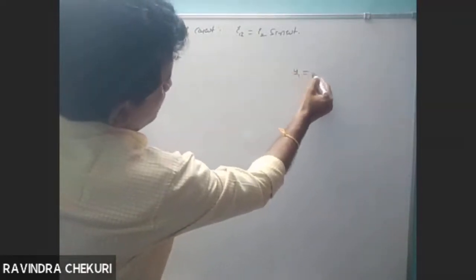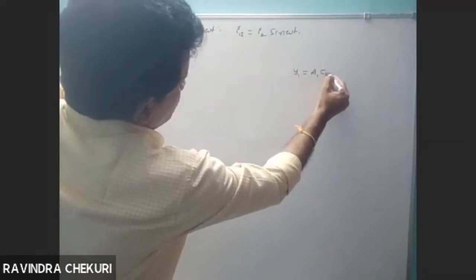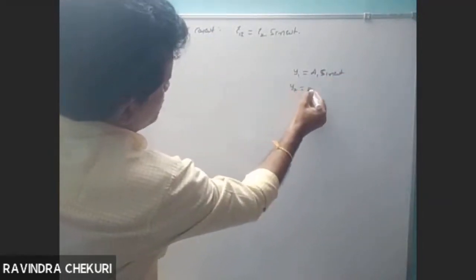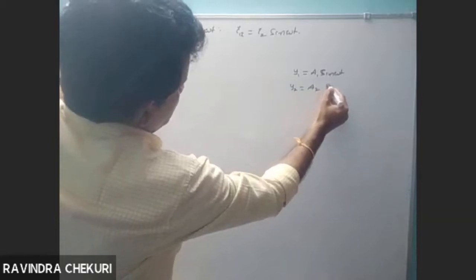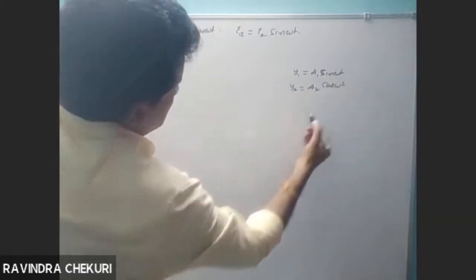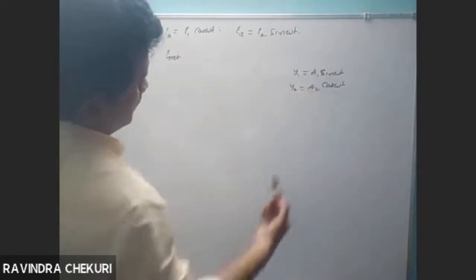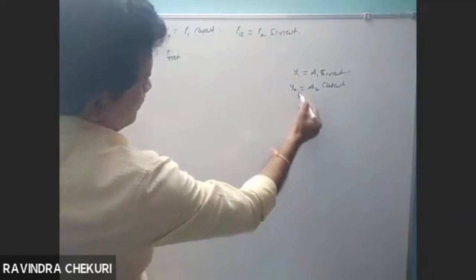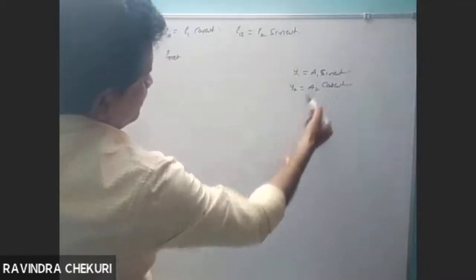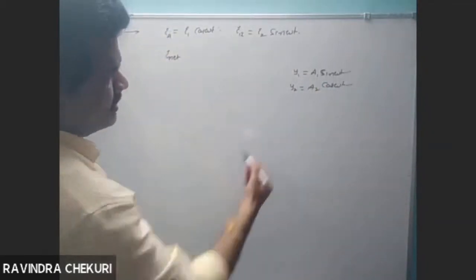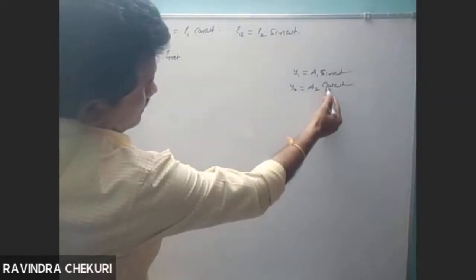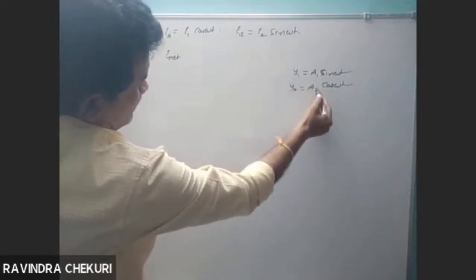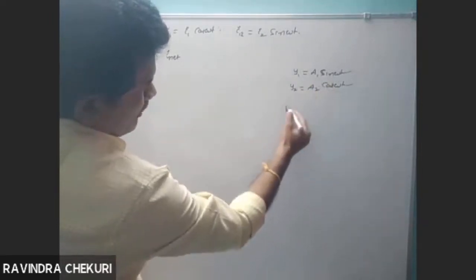So y1 is equal to a1 into sin omega t, and y2 is equal to a2 into cos omega t. What is the net amplitude of the two waves? The amplitude is a vector. Similarly, this is the same way. What is the phase difference between these two waves?